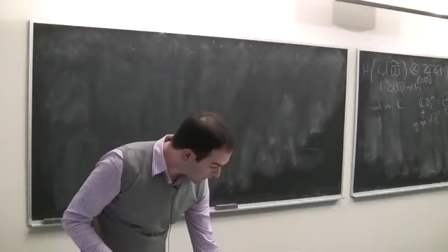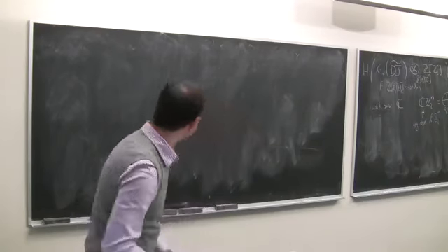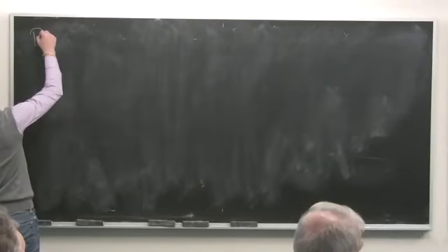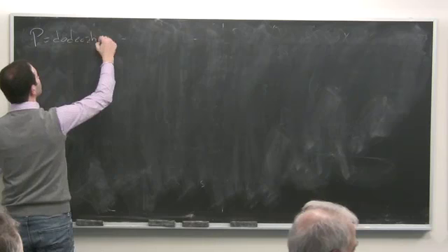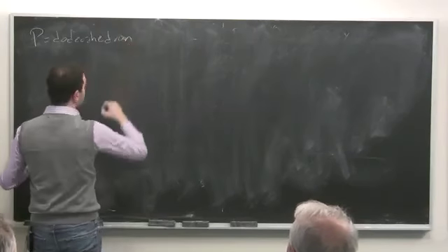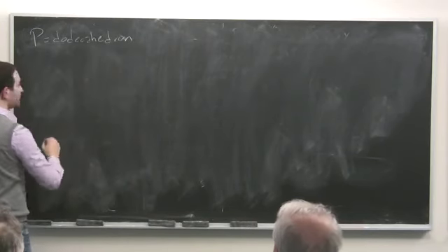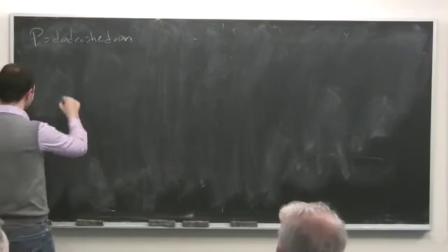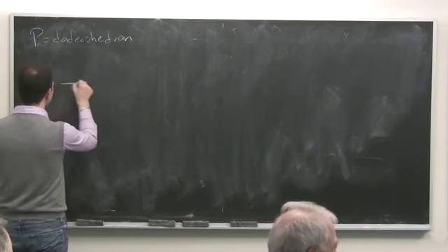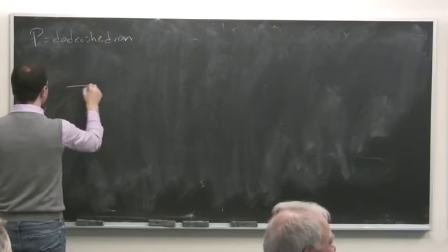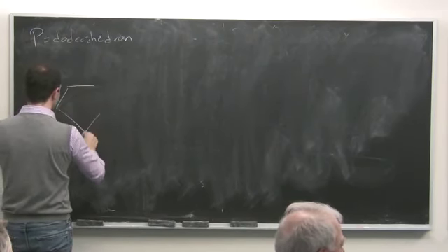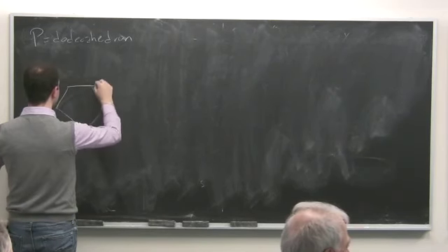Okay, so I'll draw on the blackboard a dodecahedron. So P is a dodecahedron. You can count as soon as I draw it. It has all pentagonal faces.